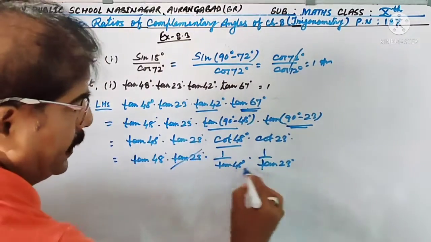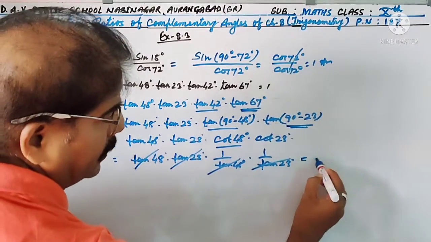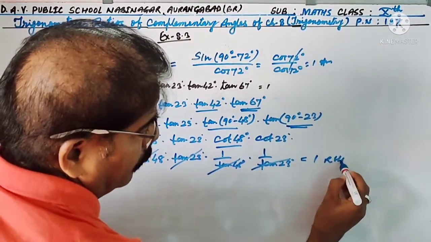So tan 23 cancels, tan 48 cancels, and we get 1. RHS proved.